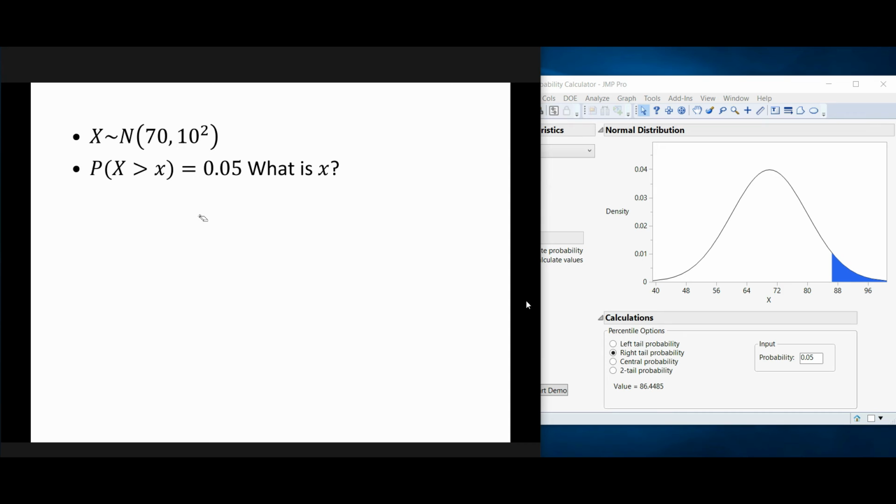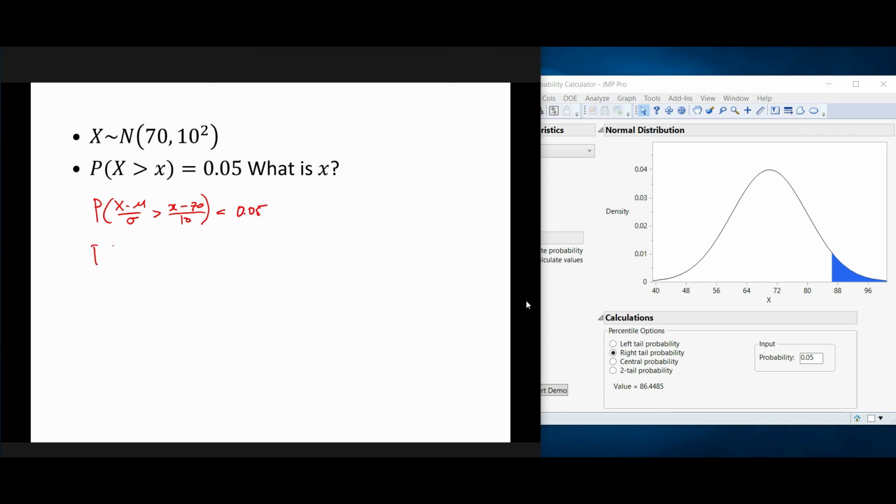So if we standardize this, this is the probability that x minus mu over sigma is greater than some x that we don't know yet, minus 70 over 10. It's a standard deviation. And we want to set that equal to 0.05. Right?